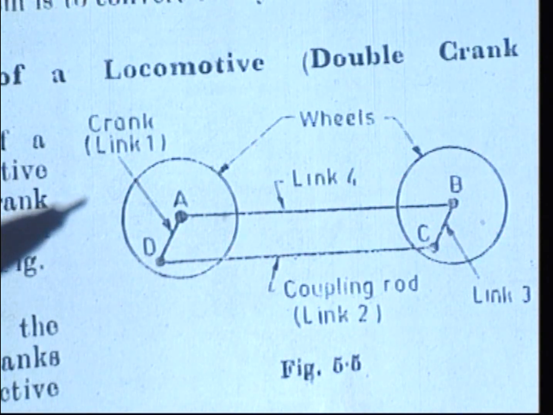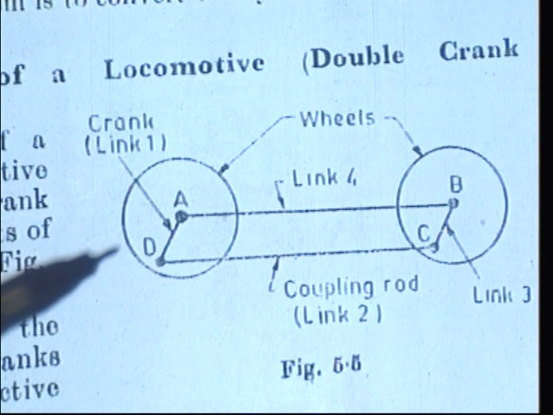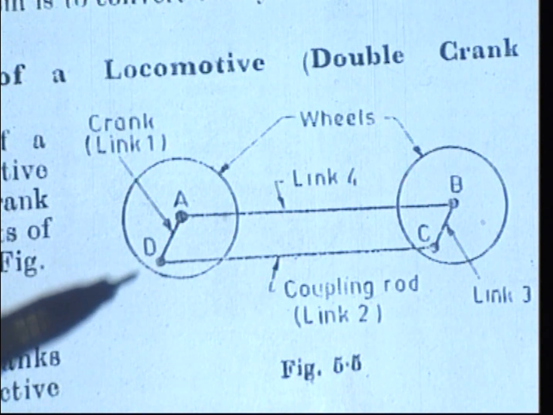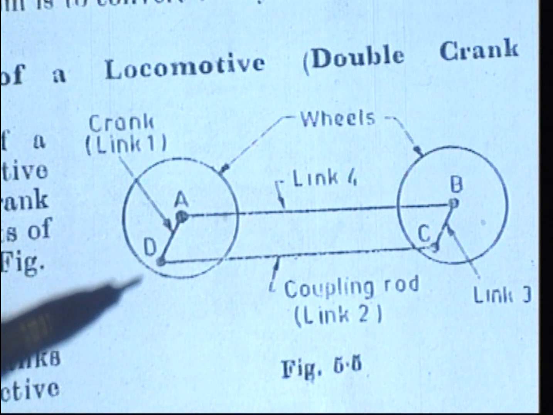Therefore, this is called a double crank mechanism and practically it is named as the coupling rod of a locomotive.